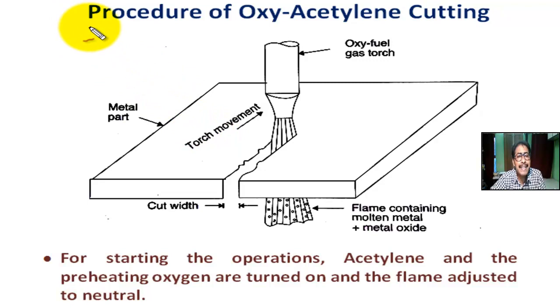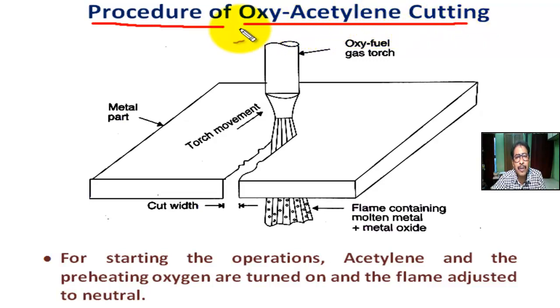Now, what is the procedure of oxy-acetylene gas cutting? This is the oxy-fuel gas torch, that means oxy-acetylene gas torch. It is a special type of gas torch.